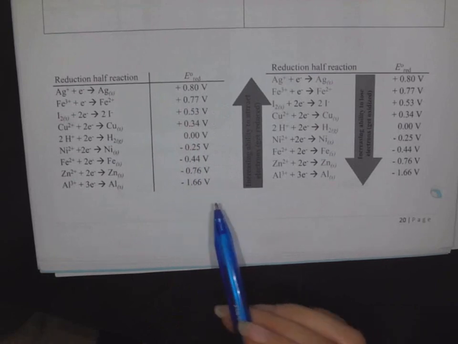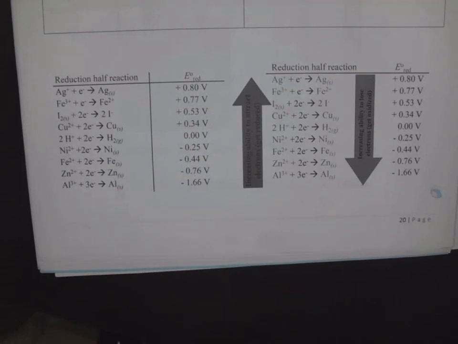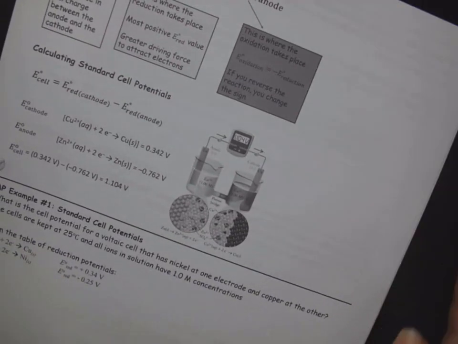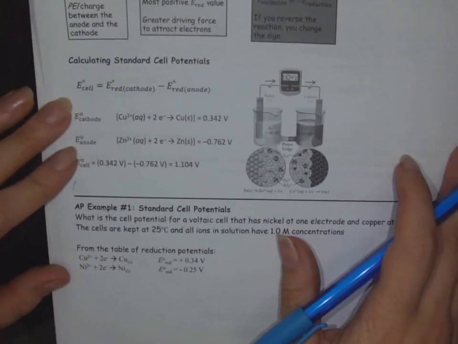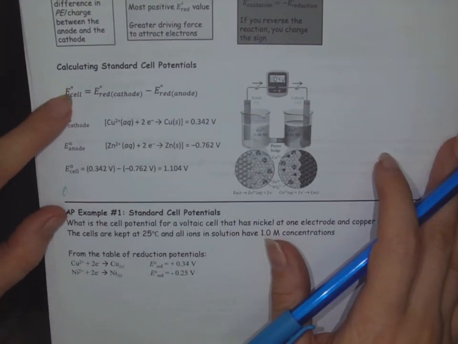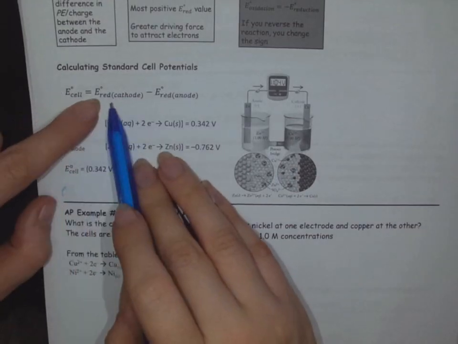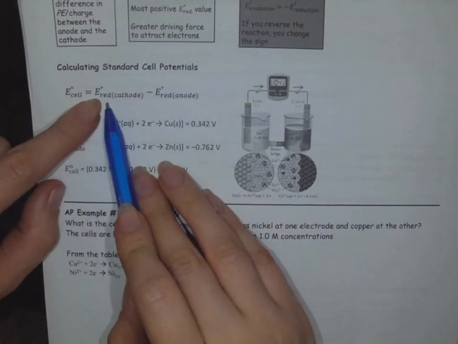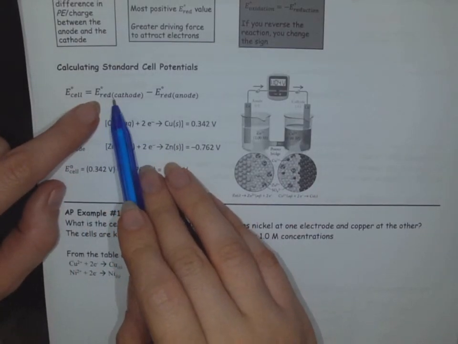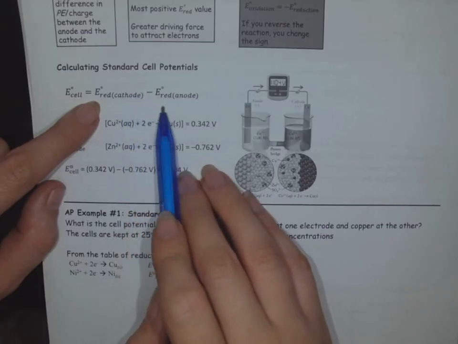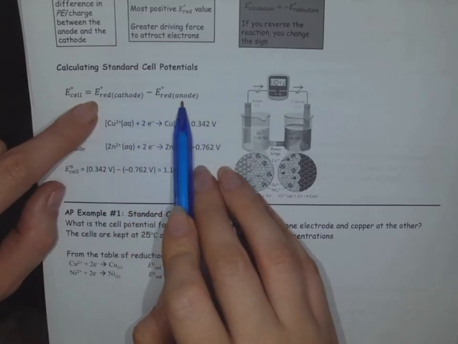We want it to be negative at the anode. And here's where we get this calculation from. To get the entire voltage or cell potential of a battery, you take the cell potential of the cathode, the thing that's reducing, and you subtract from it the cell potential of the anode.